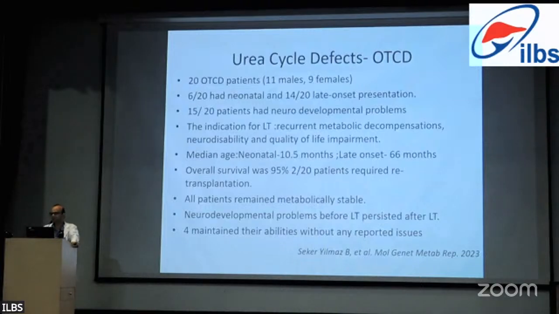Though it doesn't worsen, it doesn't recover. That's the drawback. Another problem with this disorder is that it is X-linked, and we have to be careful when we evaluate parental donors for this, or may opt for a donor from a first-degree relative for LDLT.